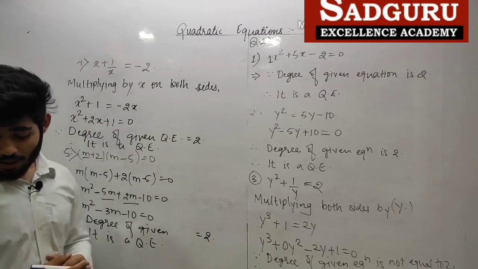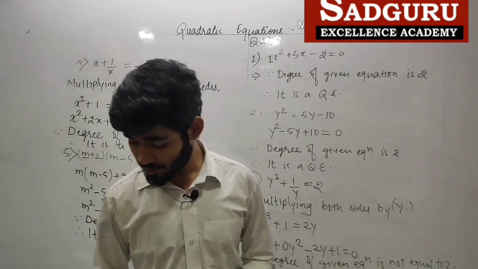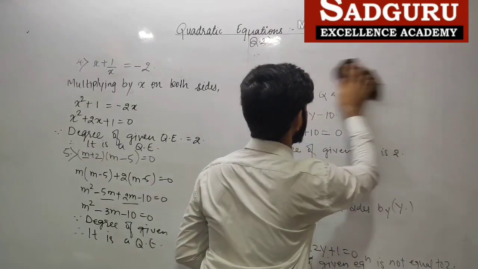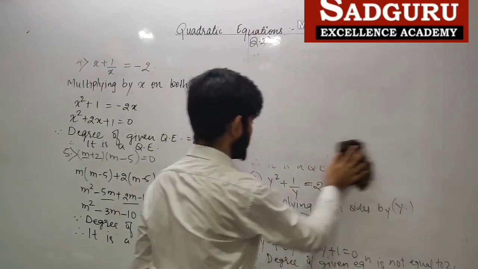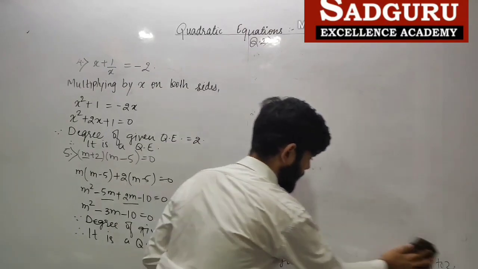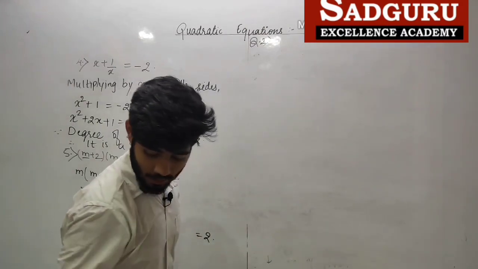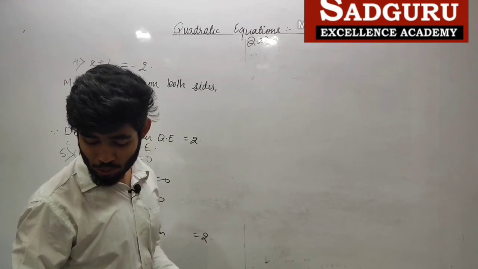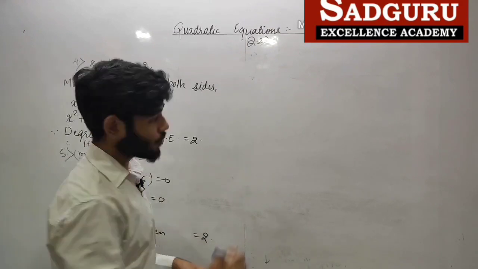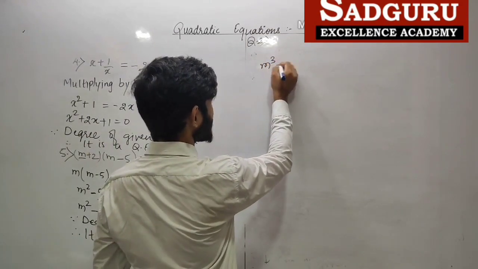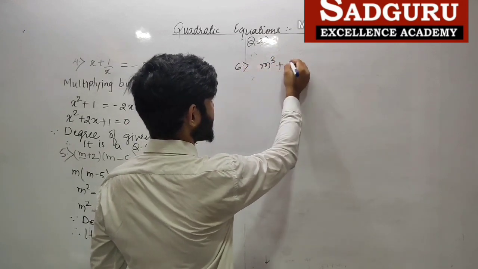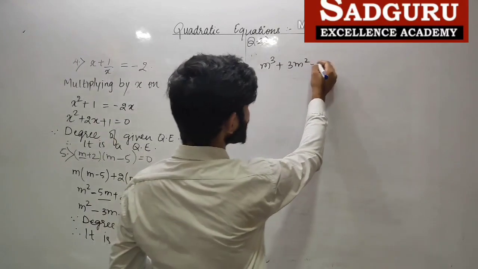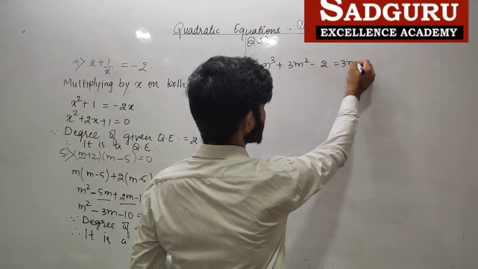Alright, okay. Let's move to the sixth question. The question is m cube plus 3m square minus 2 equals 3m cube.